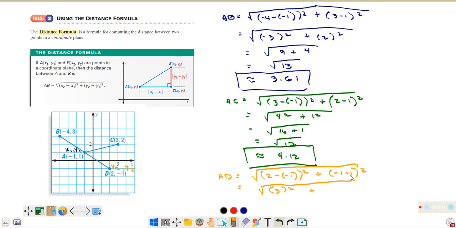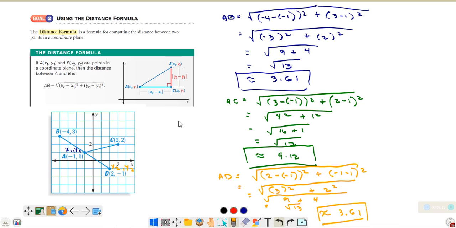Plus negative 1 minus 1, we are going to have negative 2, so 2 squared. Simplify natin. 3 squared is 9. And 2 squared is 4, giving us square root of 13 ulit. Or approximately equal to 3.61.